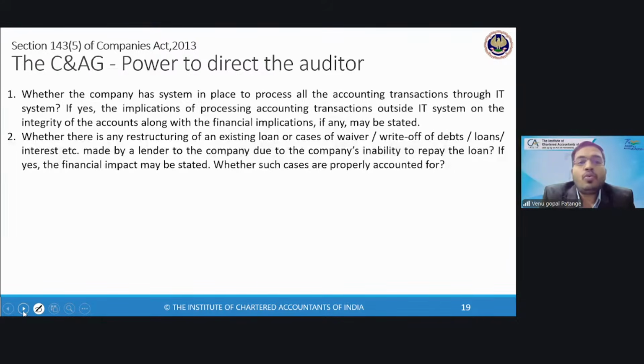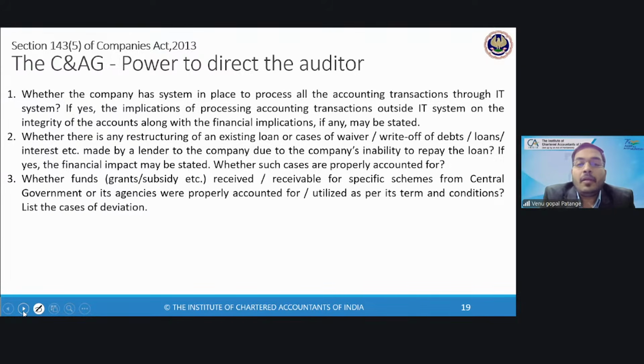Next, if any restructuring is happening in the company, you need to report. If you have received any government funds, whether they have been properly utilized for the purpose, you need to report.